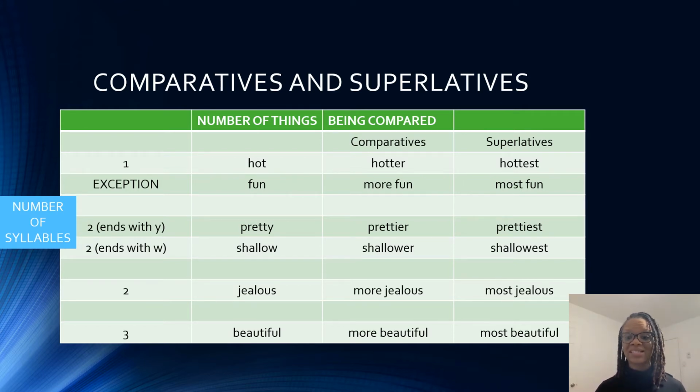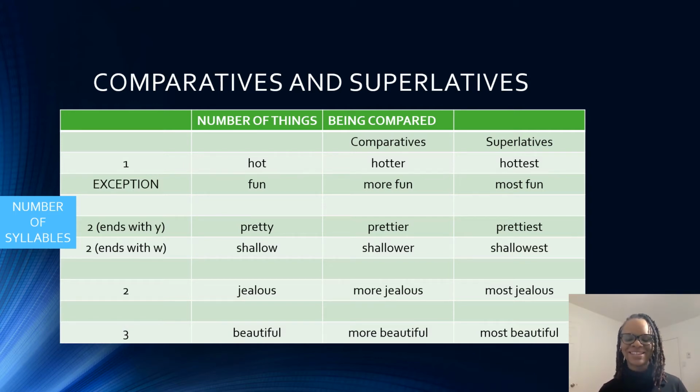If the word has two syllables and ends with Y, such as pretty, we say pretty, prettier, prettiest. If it ends with W, such as shallow, we say shallow, shallower, or shallowest. But if the word has two syllables and does not end with a Y or a W, we say jealous, more jealous, most jealous.